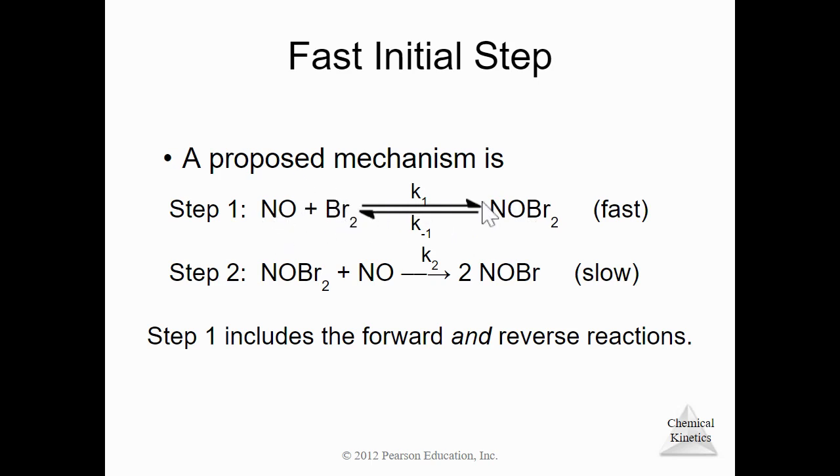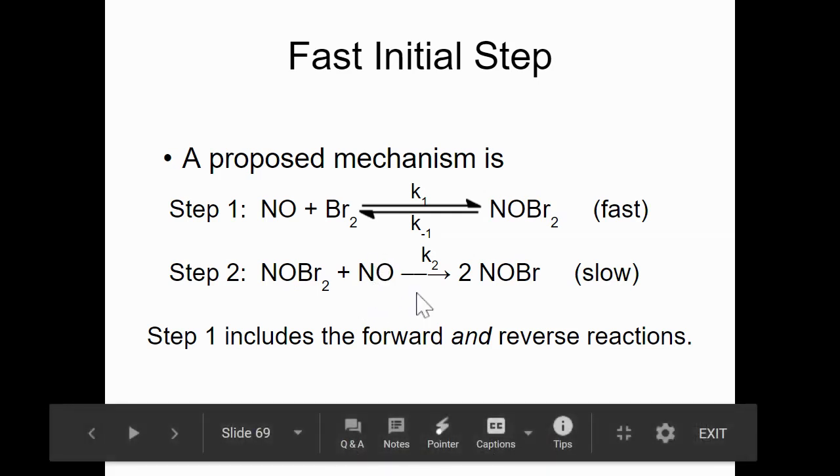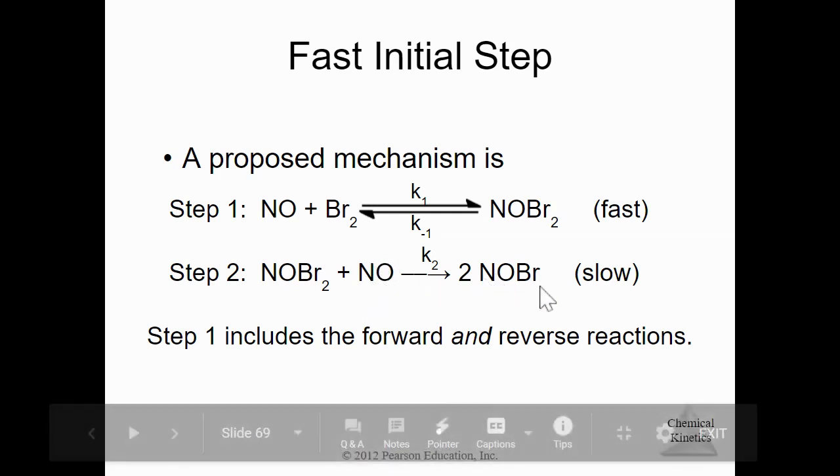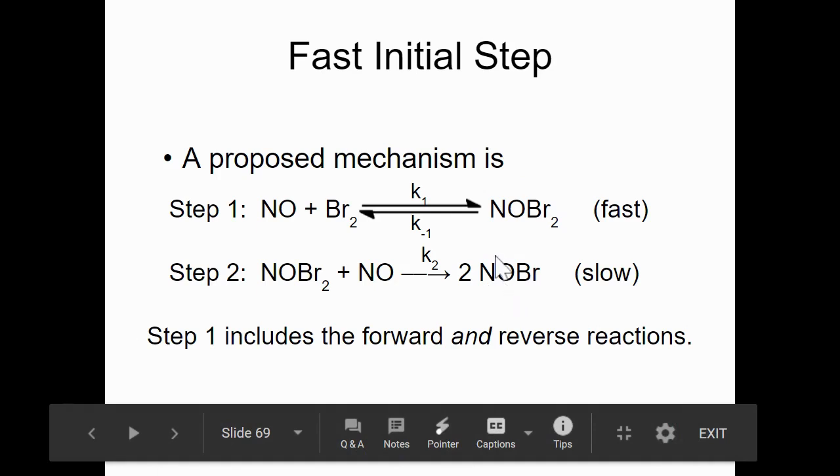And the rate at which that happens is equal. So the rate at which NO and Br2 are producing NOBr2 is equal to the rate at which NOBr2 is going back to produce NO plus Br2. So then the NOBr2 reacts with some NO in the second step, and that is how we get our overall product.